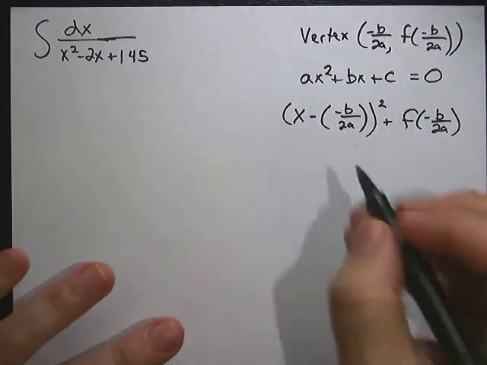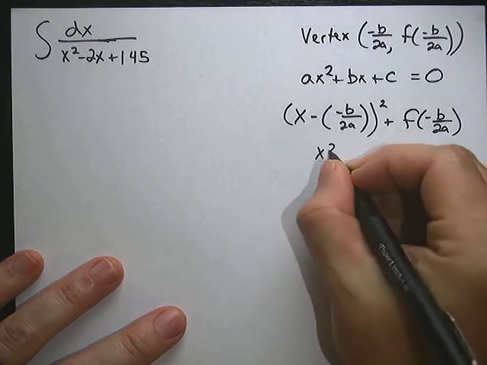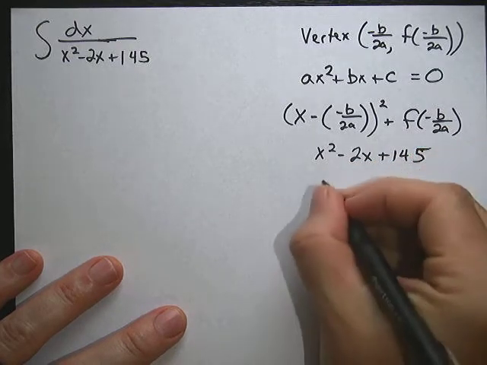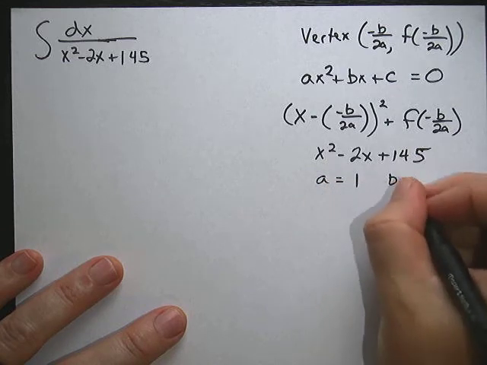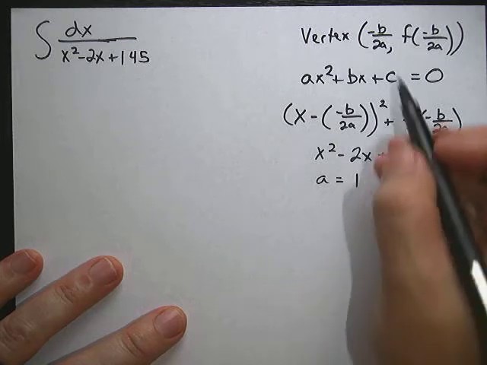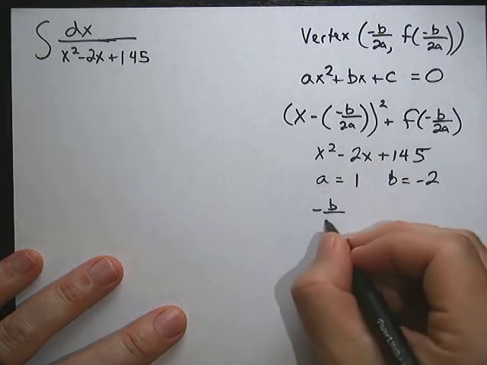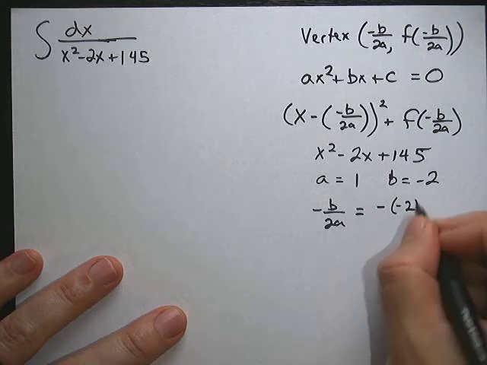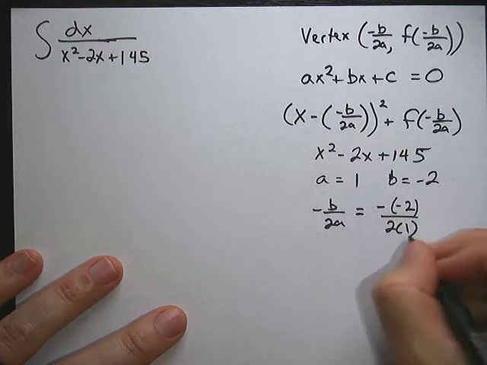Given that, we have x squared minus 2x plus 145. We can say a is equal to 1 and b is equal to negative 2. So negative b over 2a is equal to negative negative 2 over 2 times 1.